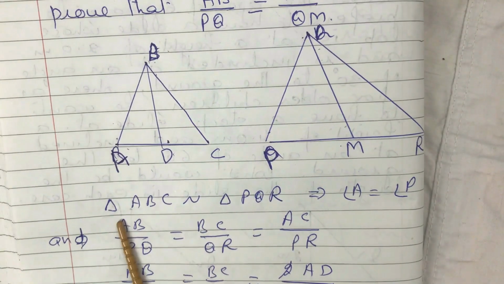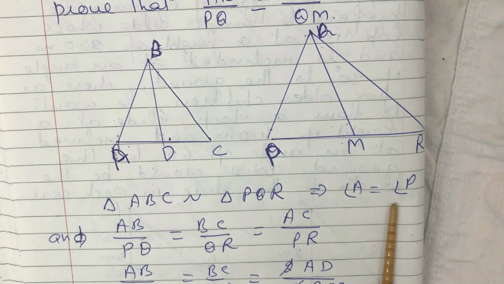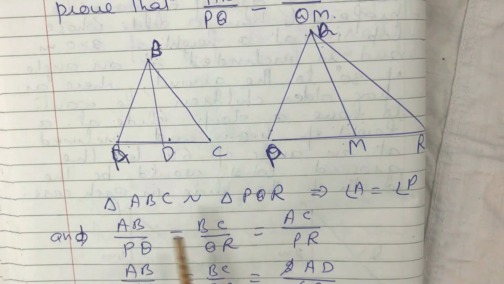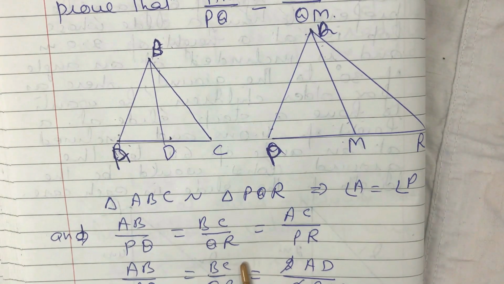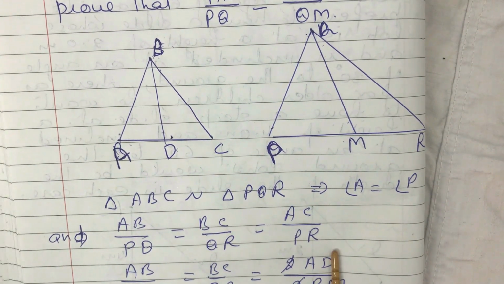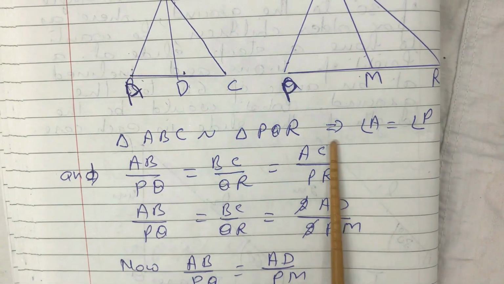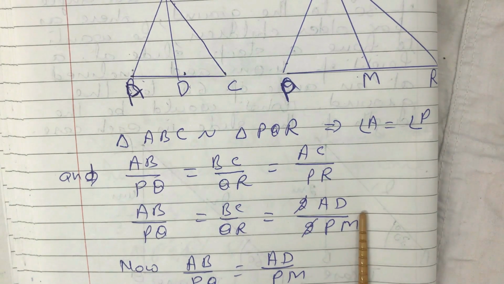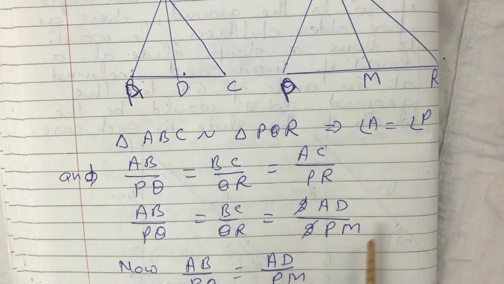Now, triangle ABC is similar to triangle PQR. It means angle A is equal to angle P. And all the sides are proportional. AB upon PQ is equal to BC upon QR is equal to AC upon PR. Now, AC can be written as 2 times AD. And PR can be written as 2 times PM.